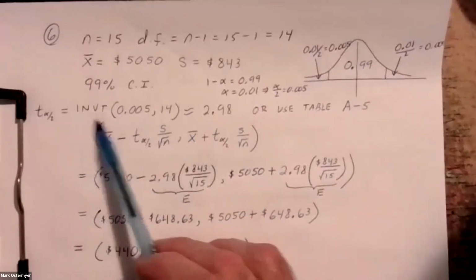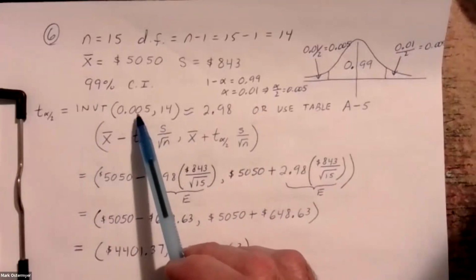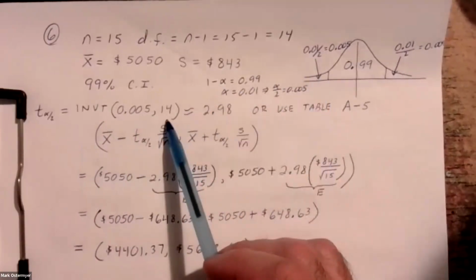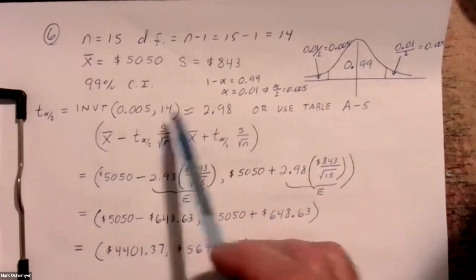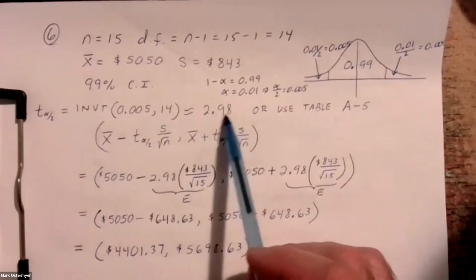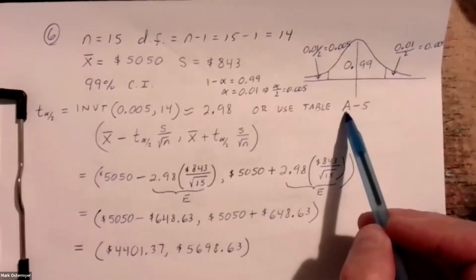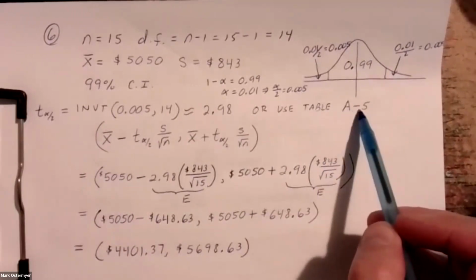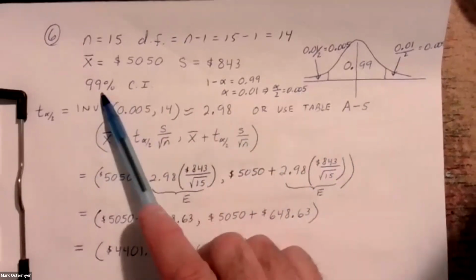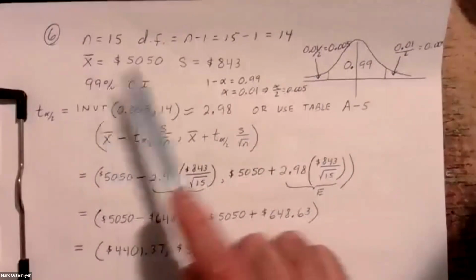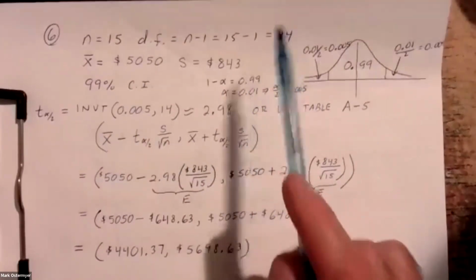You can use your inverse t function if you have it on your calculator. Type in the area, 0.005, comma, degrees of freedom is 14, and that should give you 2.98 for your critical t value. Or you can look in the back of your textbook in table A-5. Make sure you're looking underneath the 99% confidence column, and you use 14 degrees of freedom.